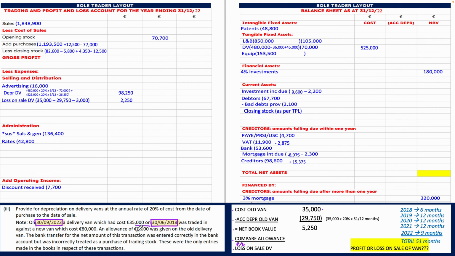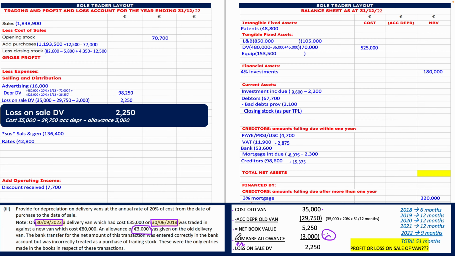So if you remember, we got an allowance of 3,000 for that old van, and so it was worth 5,250. We only got 3,000 for it, so unfortunately that means that we made a loss on the sale of the van. So the figures that we'll be getting the marks for is the cost minus the accumulated depreciation, and then comparing it to the allowance of 3,000, and then 2,250 is the loss on the sale.